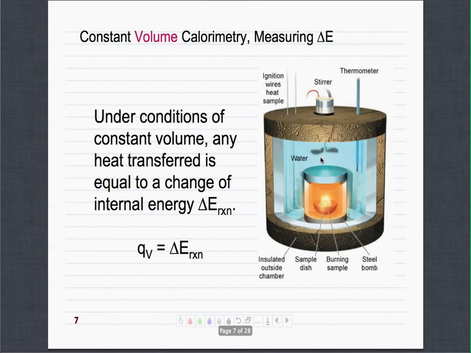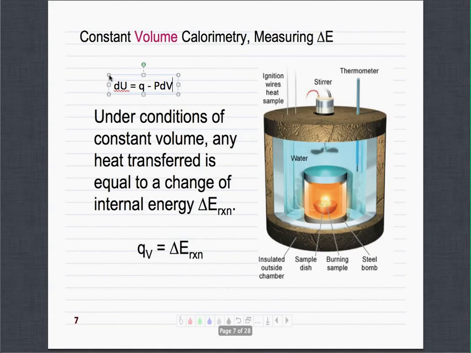The idea behind this is that it is at constant volume, and as you remember, delta U equals Q minus P delta V, where P delta V is the W. So if the volume is constant, that means V final minus V initial equals 0.